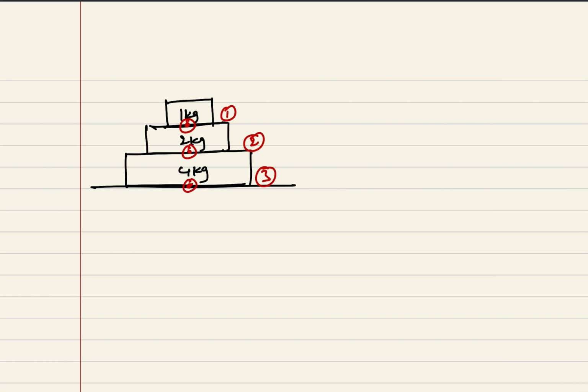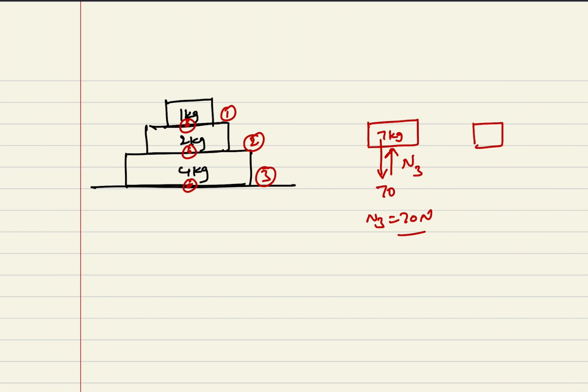The third contact is pushing all the forces. A 7 kg body is there. This is my N3, so N3 is equal to 70 newtons. It is pushing all the weights.